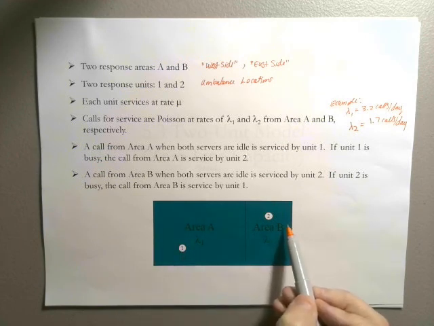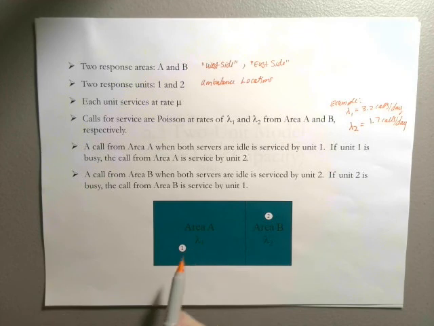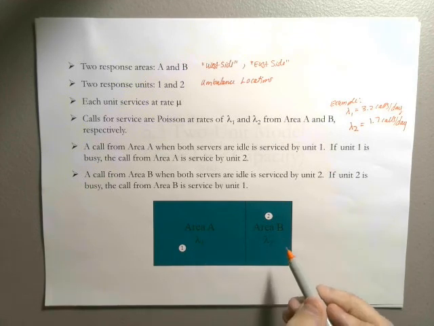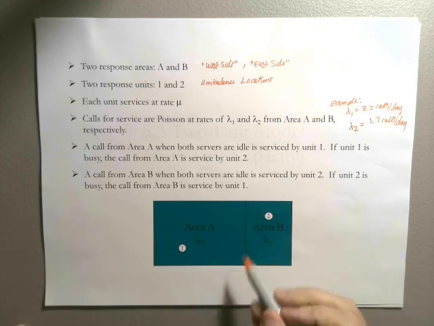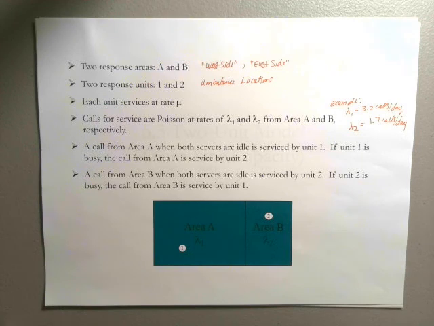Well, then I'm going to send unit 2. All right, so area A is unit 1's primary response area, and area B is unit 2's primary response area, but when one of them is busy, the other one will be dispatched to the call, even if it's not in its primary area. So that is how this is going to look.